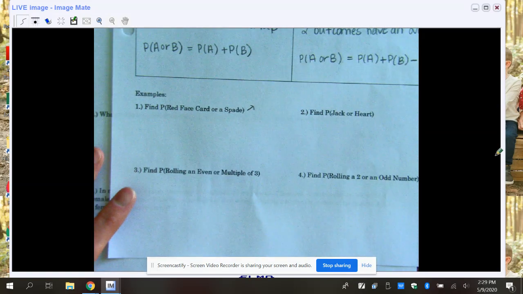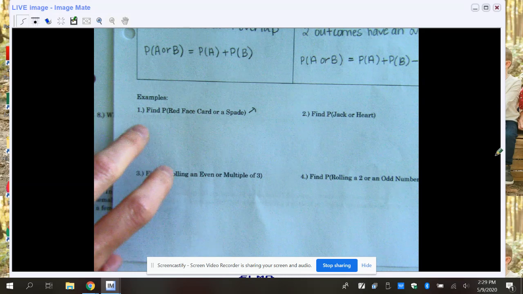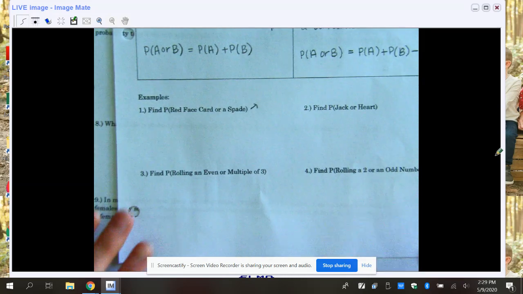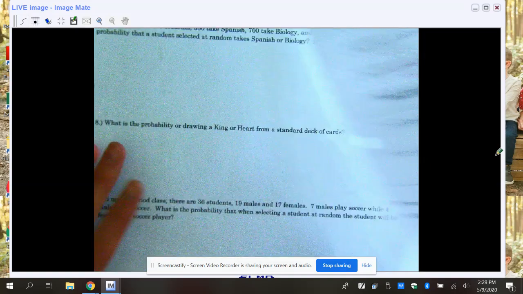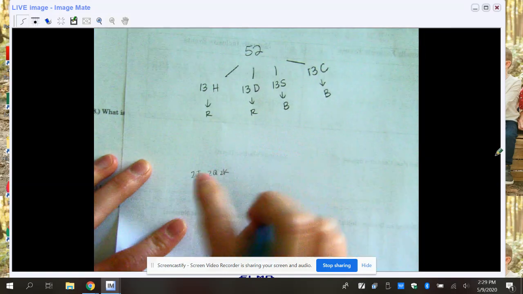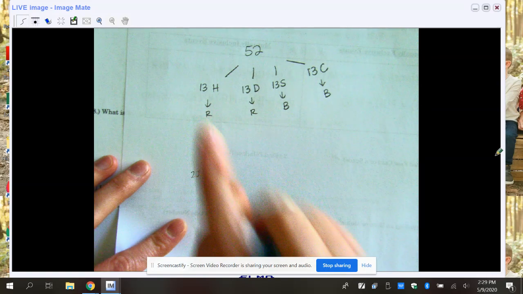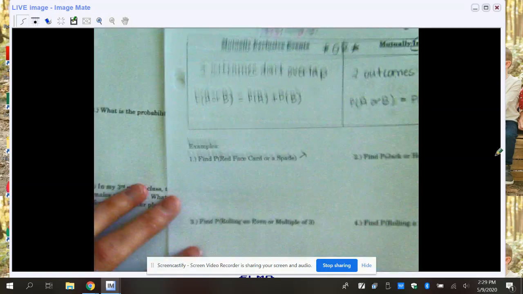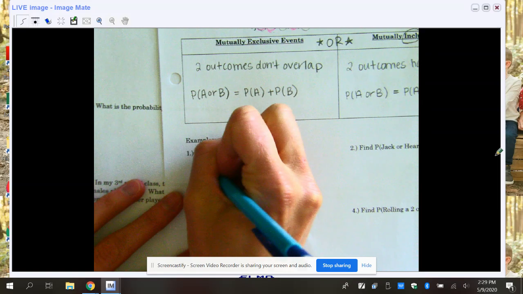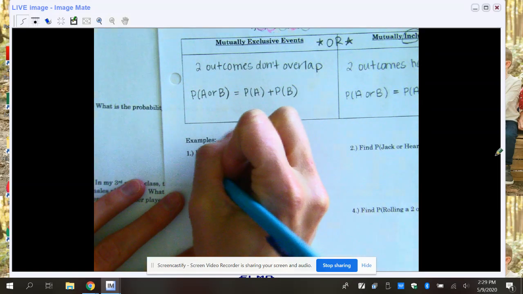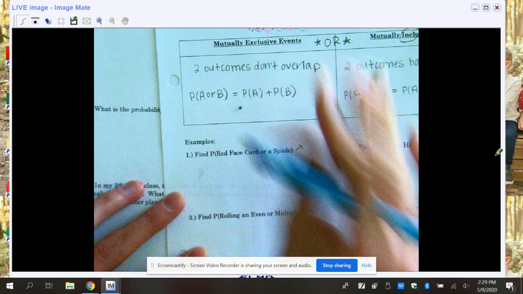So then 6 plus 6, oh, I'm sorry, I misspoke. That would be the total. There's 2 red jacks, 2 red queens, 2 red kings. So the probability of that would be 6 out of 52.